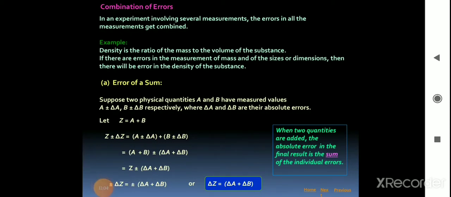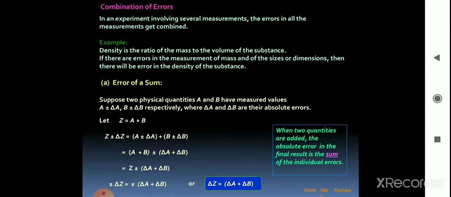Error of a sum. Suppose two physical quantities A and B have measured values A plus or minus delta A, B plus or minus delta B respectively, where delta A and delta B are their absolute errors.